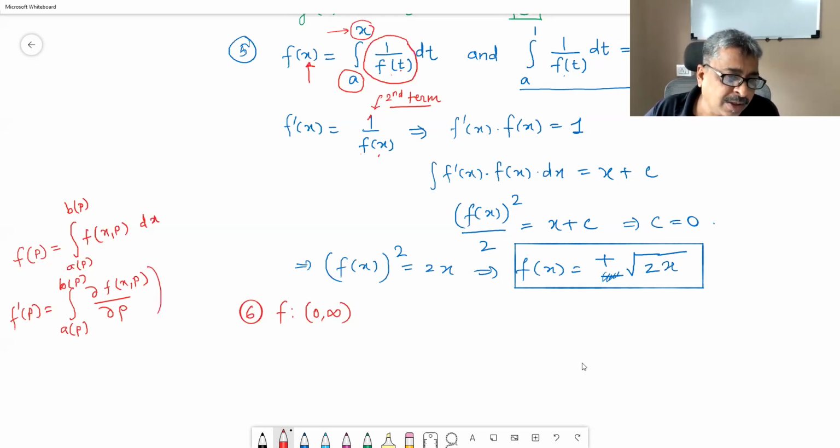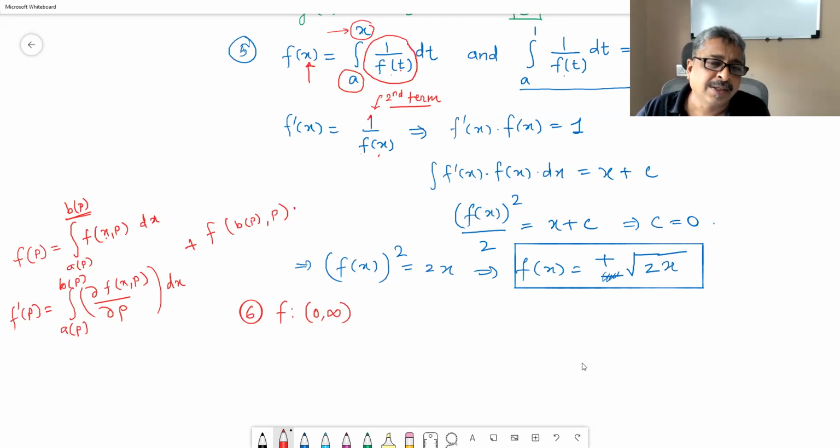You differentiate it and then integrate with respect to x, plus second term: f of, wherever there is a variable, you replace with this upper limit b of p comma p, and then derivative of b of p upon derivative of p.